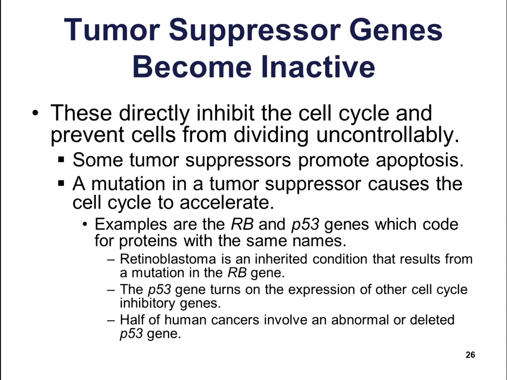That's usually the one that's referred to when we talk about cancer, because if there's a problem with that gene, we usually see some big problems. So that's what the last line there says. Half of all human cancers involve an abnormal or deleted P53 gene, because then the regulation that we need is not taking place.